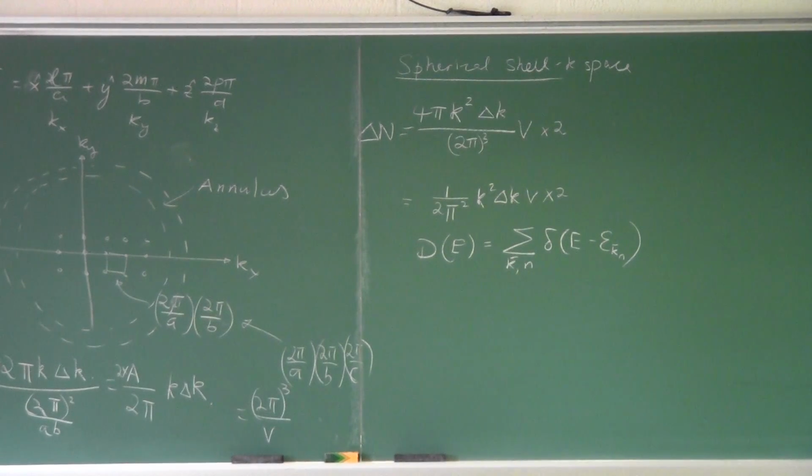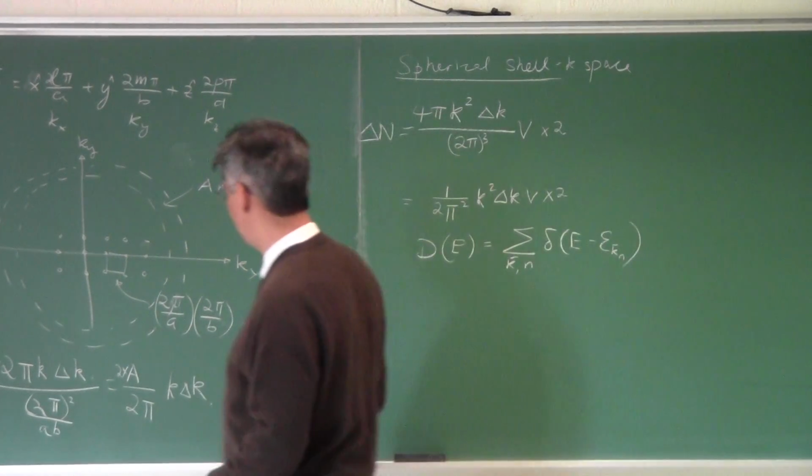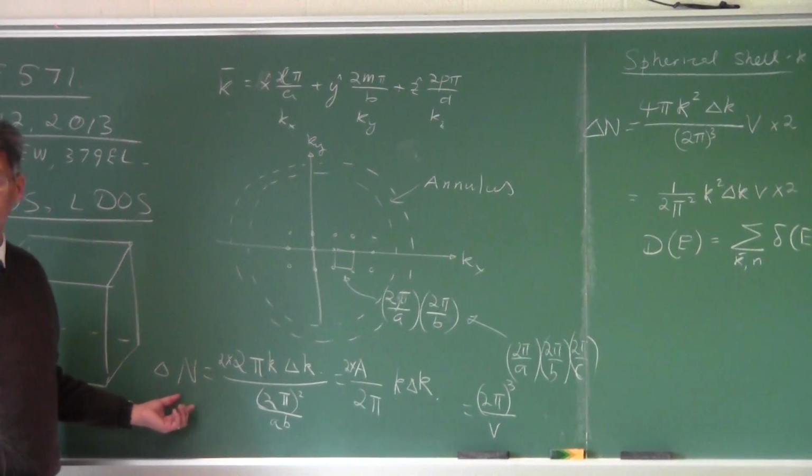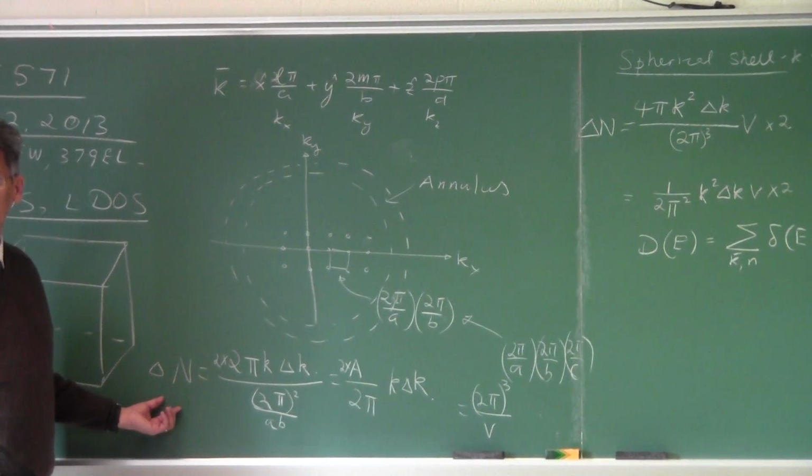Why is density of states considered an annulus? Oh, I'm not counting the density of states here actually. I'm counting the number of states in the annulus region. Why annulus? It's easy to count.